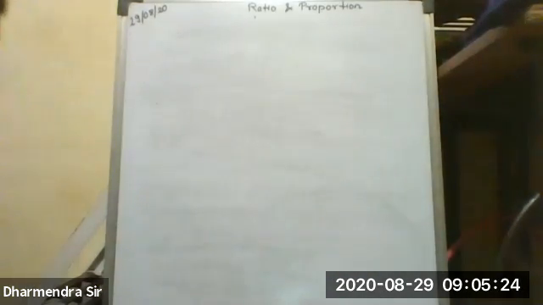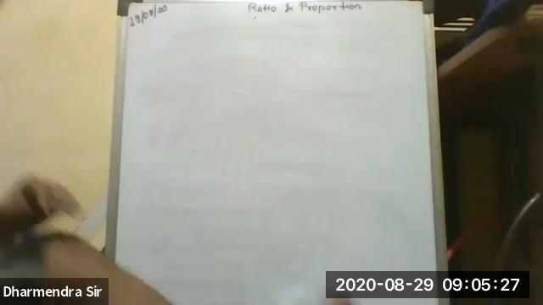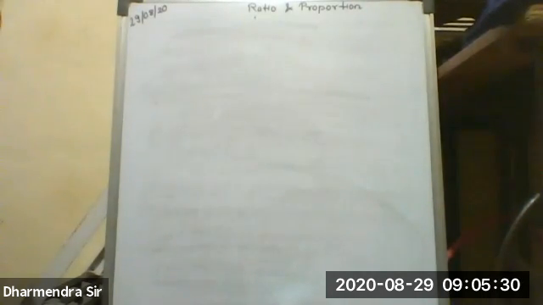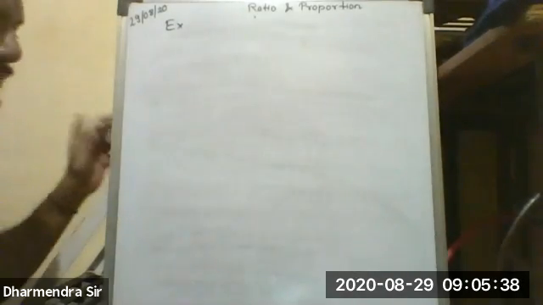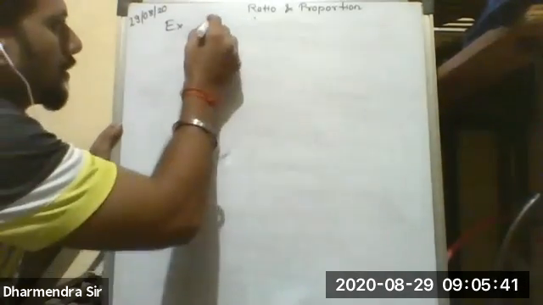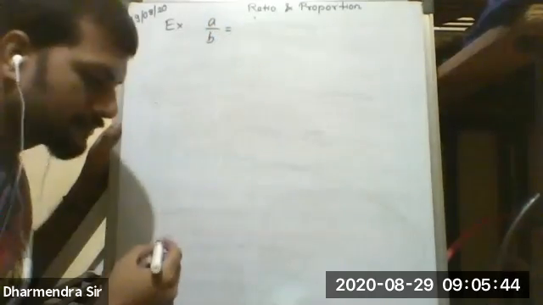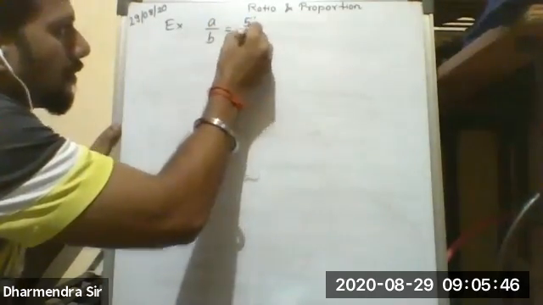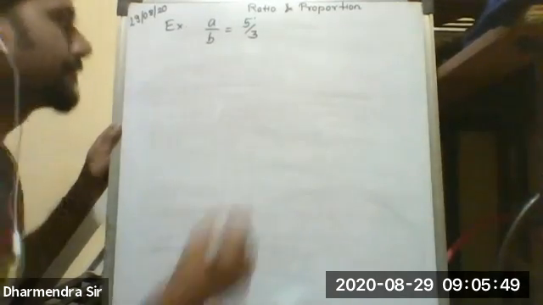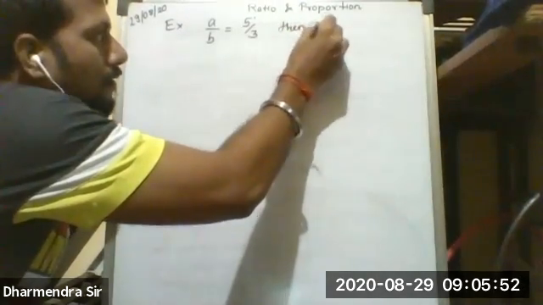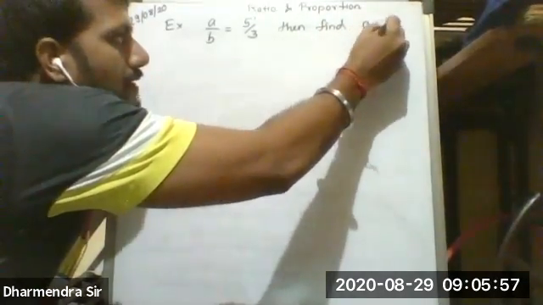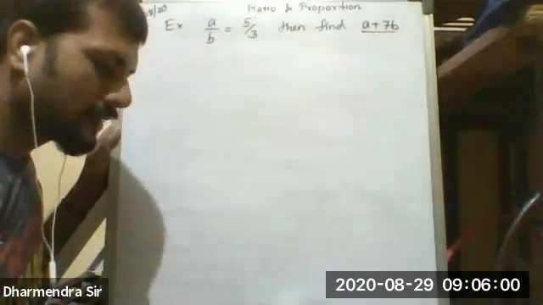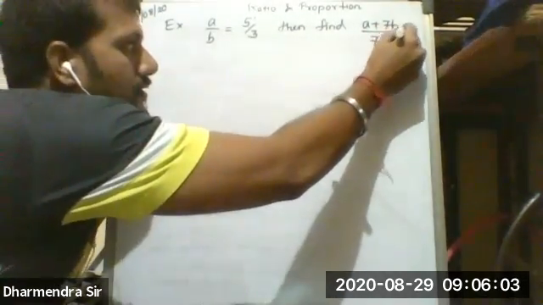So suppose there is an equal ratio, say A by B. Solved example: if A by B is equal to 5 by 3, then find the ratio A plus 7B upon 7B.